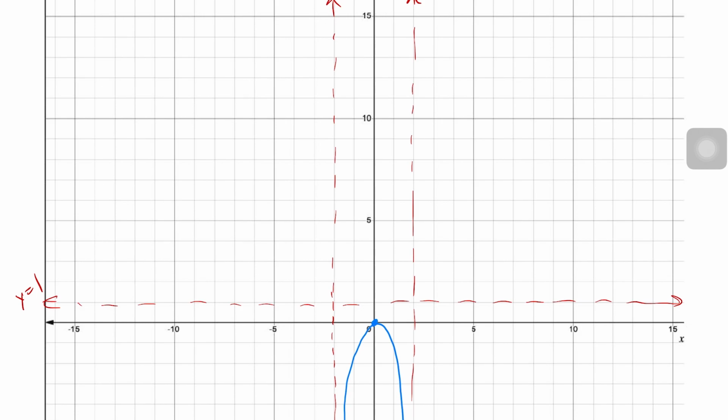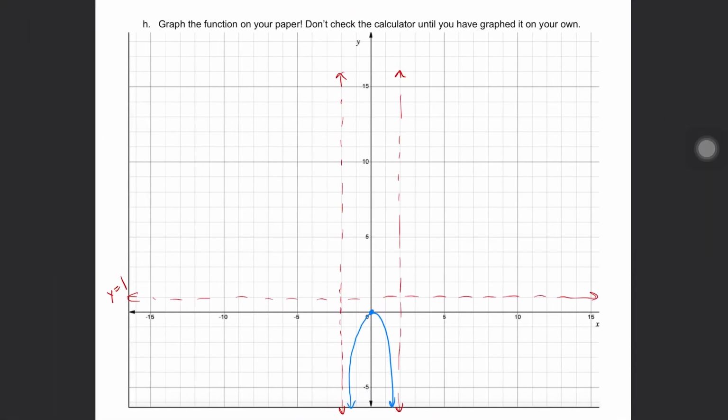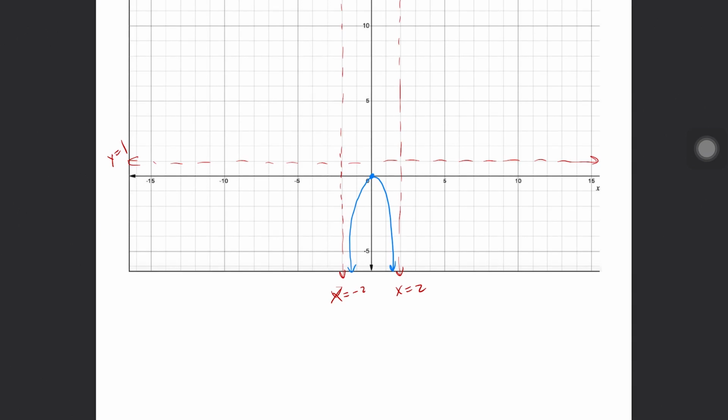Now here, what we're missing is knowing what happens here, here, here, here, right? But remember that this is supposed to be a function, so it's either going to be here or here, but not on both top and bottom, right? So we have to decide where this is going to be. To do that is as simple as just plugging in a point on the graph. So I'm going to plug in -3 and +3.